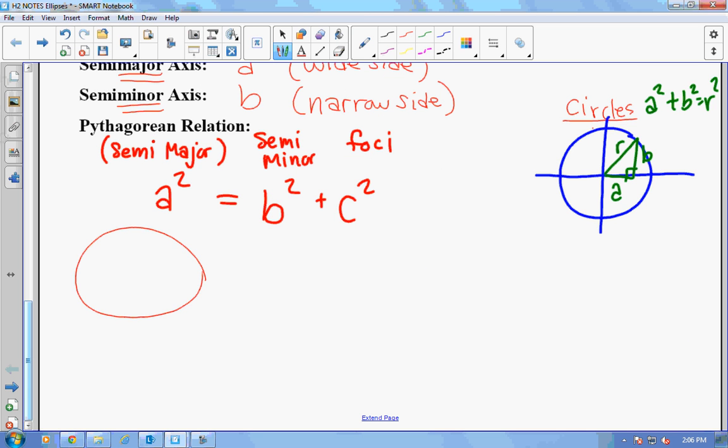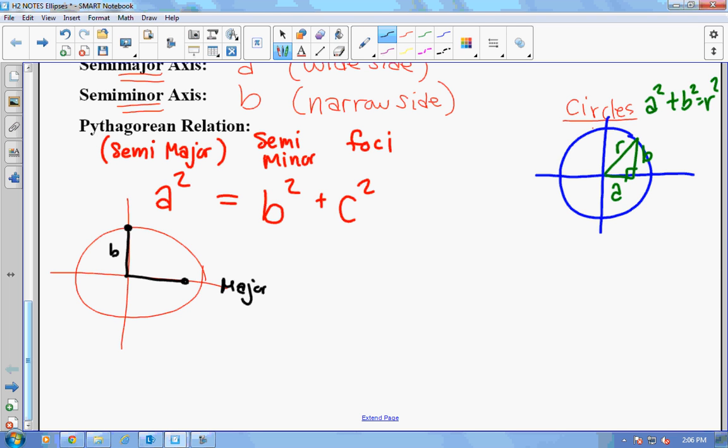So if we have our ellipse, it's kind of awkward shaped, and we have a foci. This is my major axis. So my foci is somewhere in there. From here to here, it's not the full length of A. I'm going to draw a right triangle. What's this length?